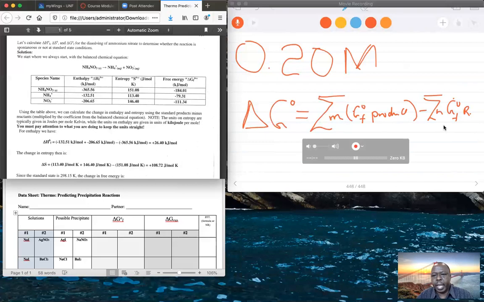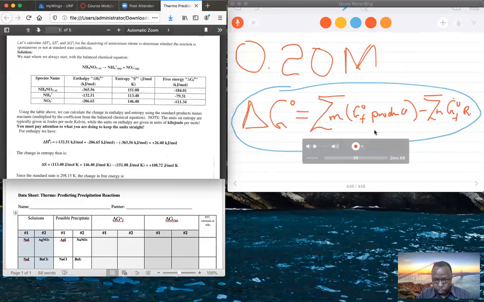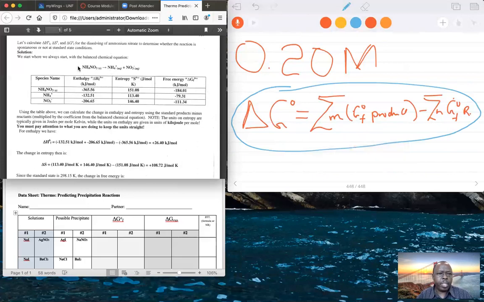So product minus reagent. In this case, you have to determine this one, the blue. Let me circle the blue right here. You see this equation right here, summation of whatever we have for product, we will use the coefficient in the balanced equation. For example, here, we look at this coefficient here is 1, 1, 1.